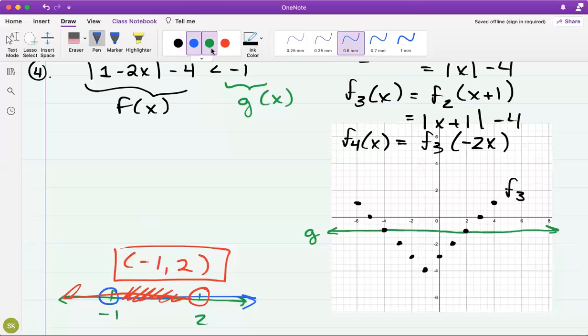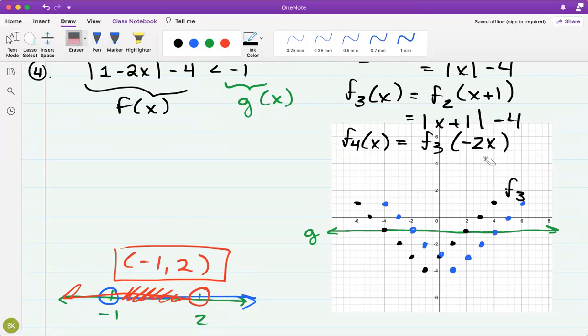So let's go with blue. We do a reflection. Let's do the reflection first. Oh, yeah, reflection. Like that.